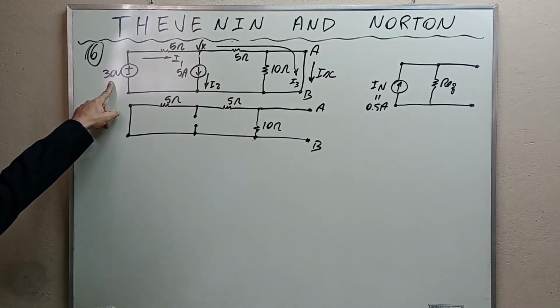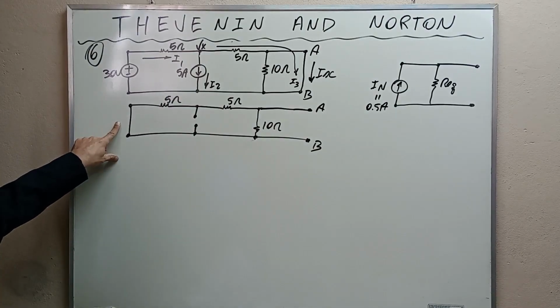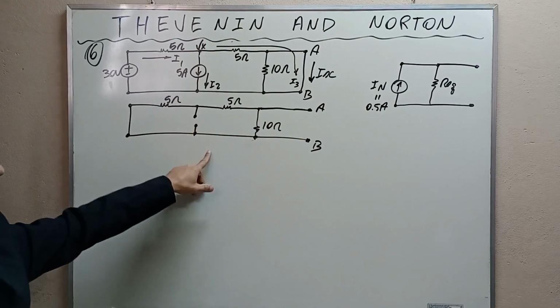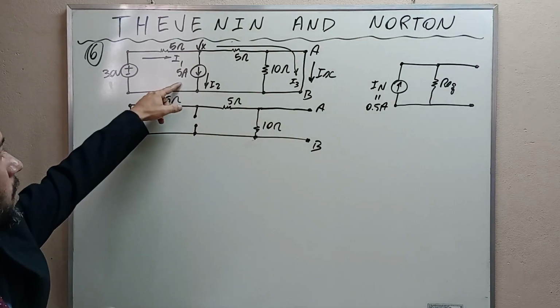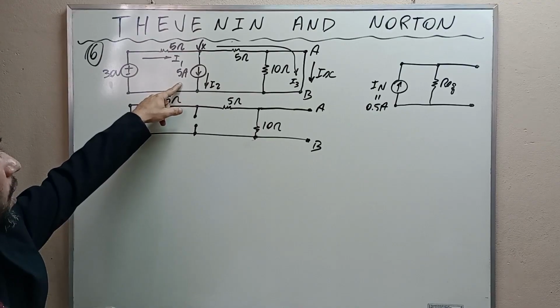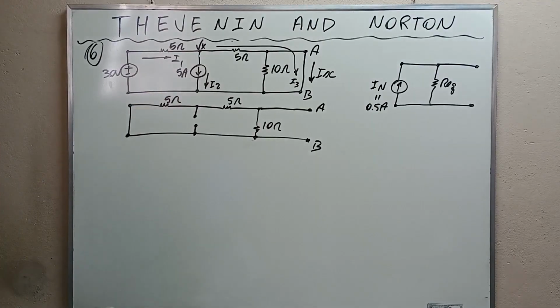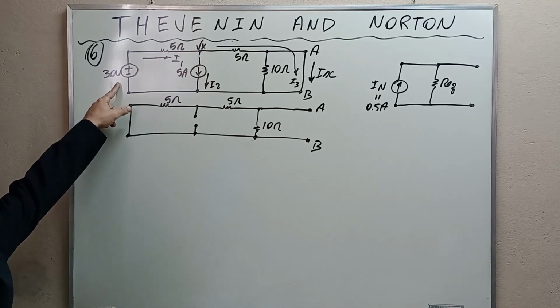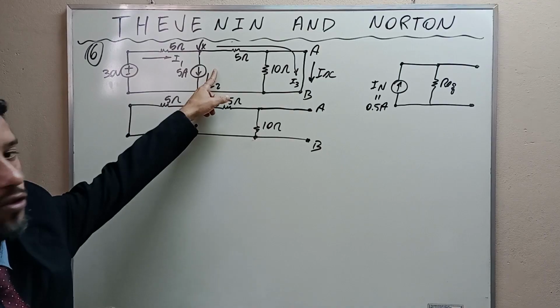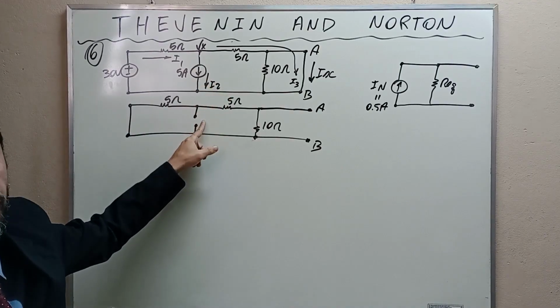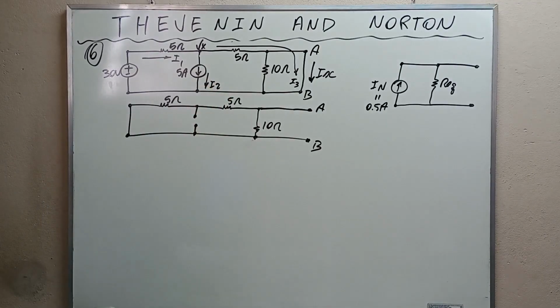A voltage source at rest is a short circuit, but I had forgotten, but now I remembered that a current source at rest is not a short circuit as this, okay? When we set a current source at rest, it becomes an open circuit.